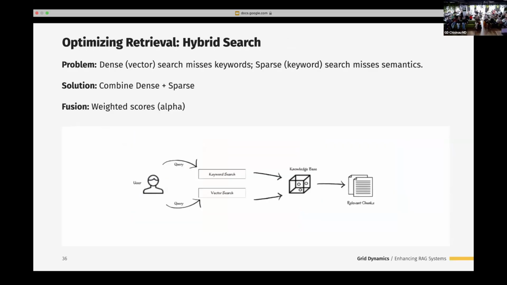The first method you can use is hybrid search. You can see that in all the cases I talked about until now, we used semantic similarity. But semantic similarity is not always good. In the case of my RAG system, we have a lot of financial documents that are similar by structure. They differ just by the name of the company and some words, maybe some numbers, but otherwise they are the same.